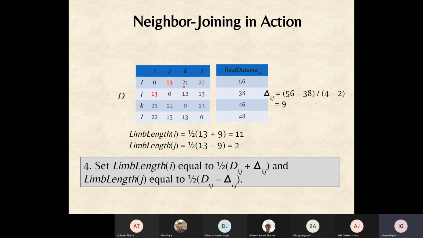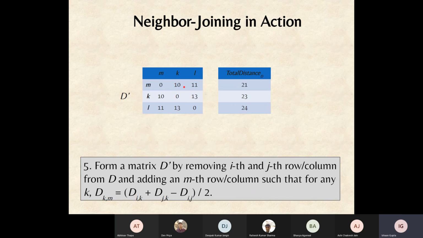we can apply the same ideas as before to calculate the distance of M from all the other remaining nodes, L and K, using the limb length theorem. And you again have the total distances.